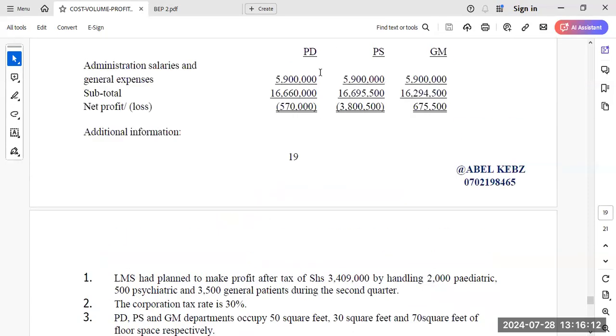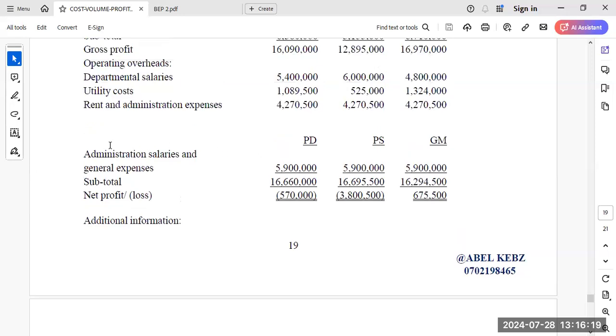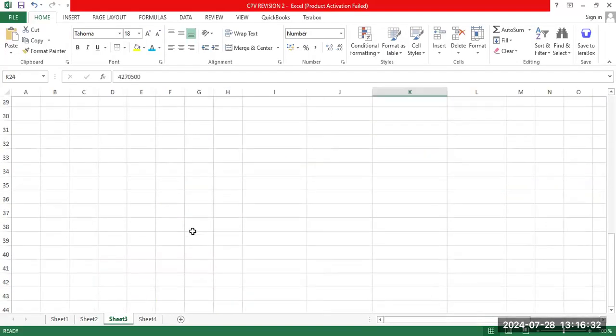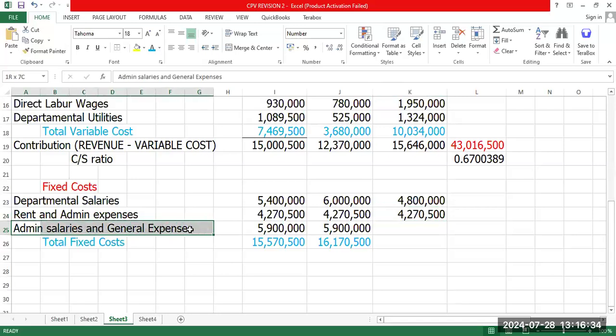I don't know, what do you mean? Other costs. No, I was actually meaning the admin salaries, it's these ones. Yeah, I am recording them. When you check, I'm actually recording them. Where are we? It's here. Okay, I'm recording.